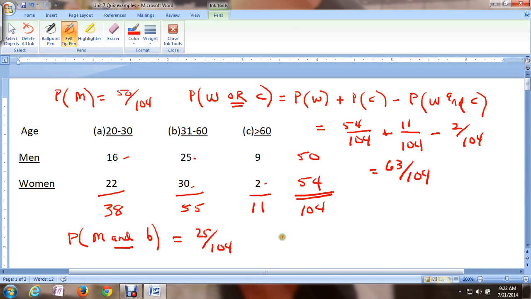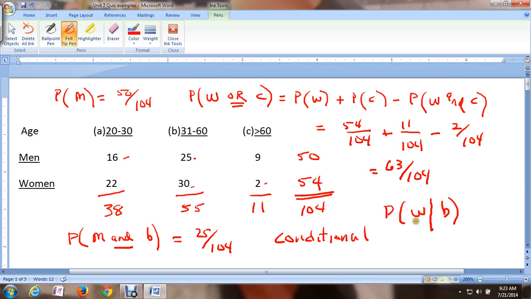One other probability that we want to cover is called conditional probability. And we want to ask, what's the probability that we picked out a woman given that we picked out someone who was between the ages of 31 and 60? This vertical line represents the words given that.